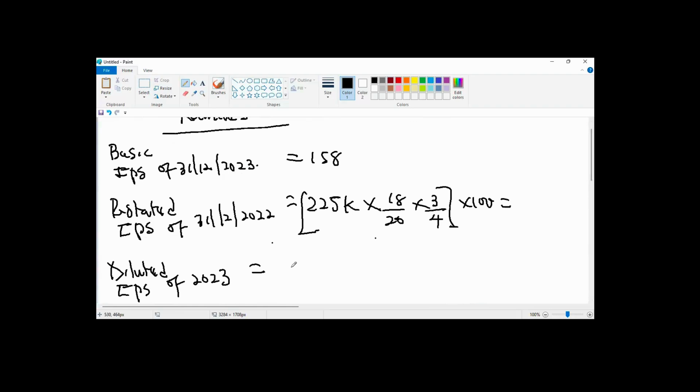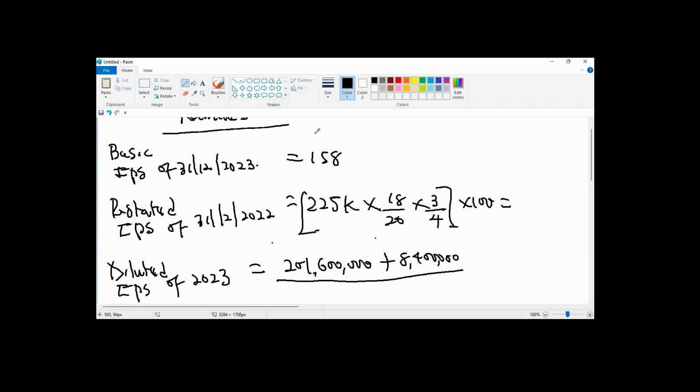So, what is the profit for the basic? The profit for the basic is 201,600,000, plus earnings from the dilution, divided by shares for the basic.